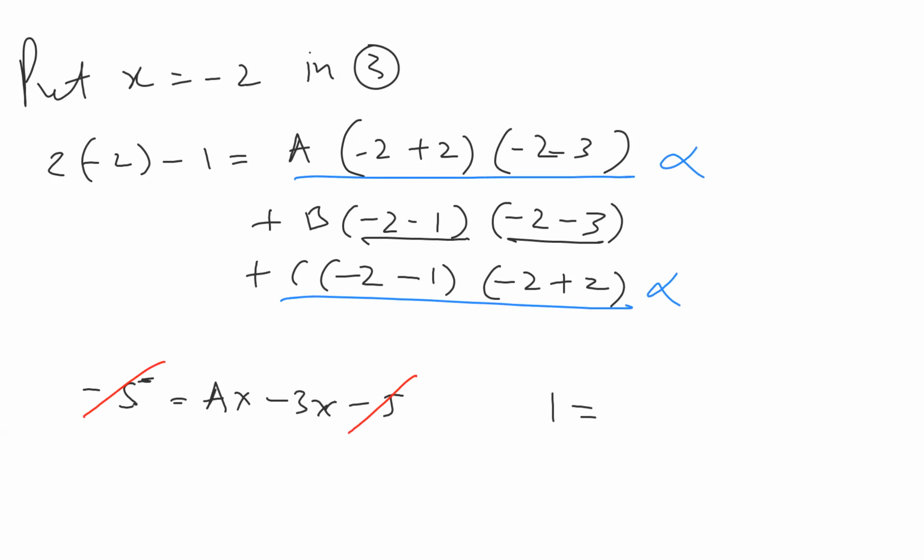Left hand side we are having b, right hand side minus 3b. Sorry, I'm really sorry for this. This is b. So b will be 1 upon minus 3, that is minus 1 by 3.